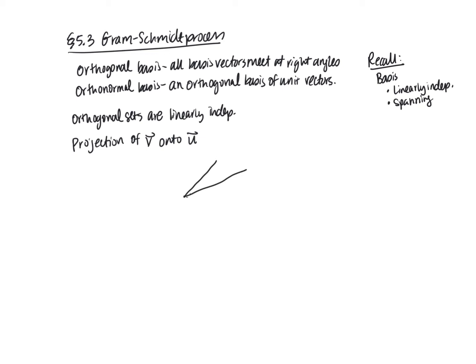If I have some vector v here and some vector u here, then the projection of v onto u is going to be this vector that is parallel to u, so it's a scalar multiple of u, and it's kind of the component of v that is running along u. So we can decompose v into two parts.